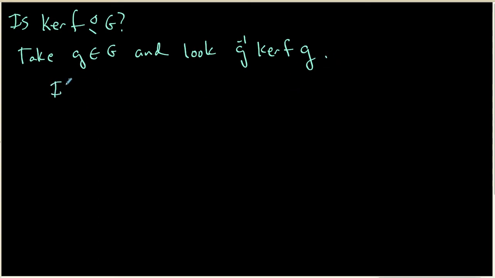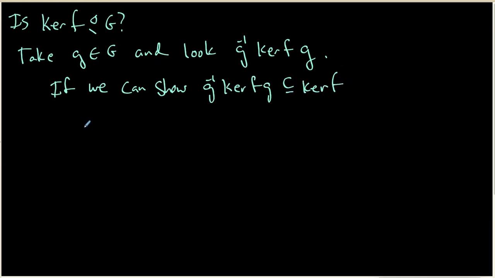If we can show that this arbitrary conjugate subgroup g inverse times the kernel of f times g is a subset of the kernel of f, then we're going to know that the kernel of f is indeed normal inside G by our normal subgroup theorem.